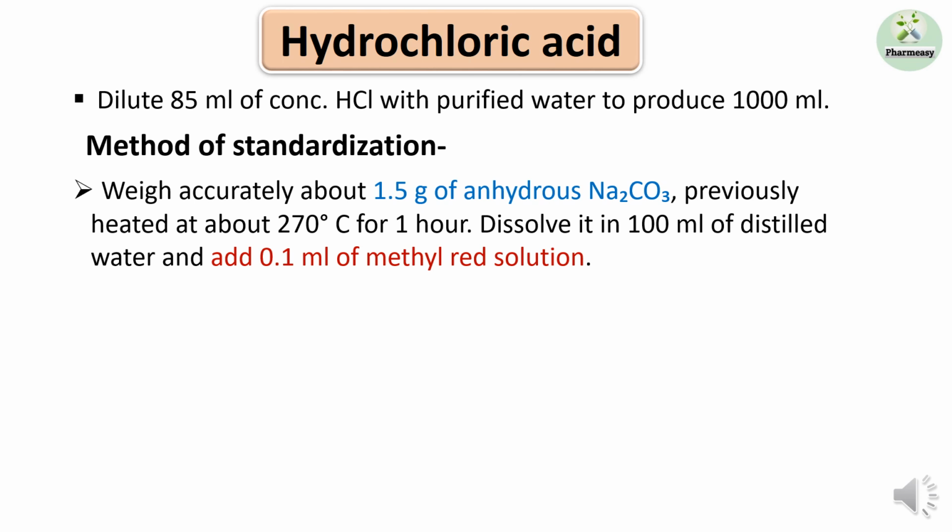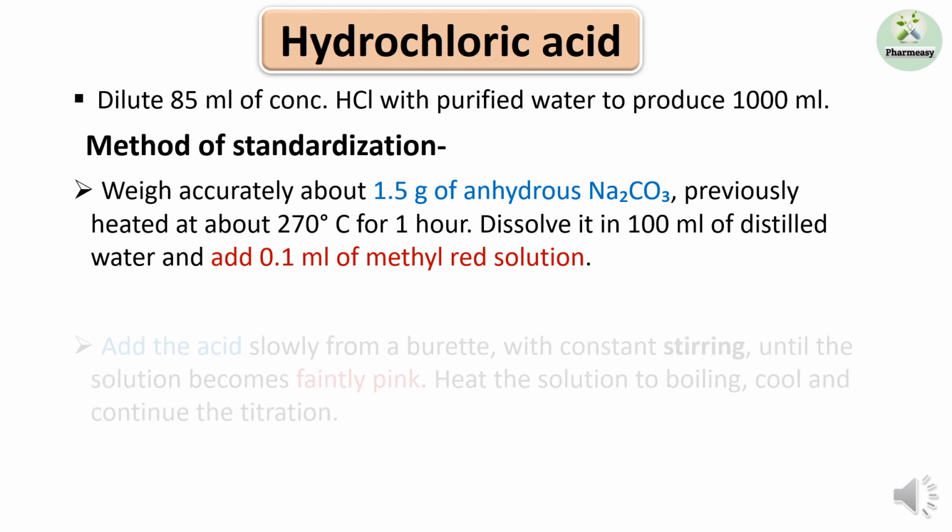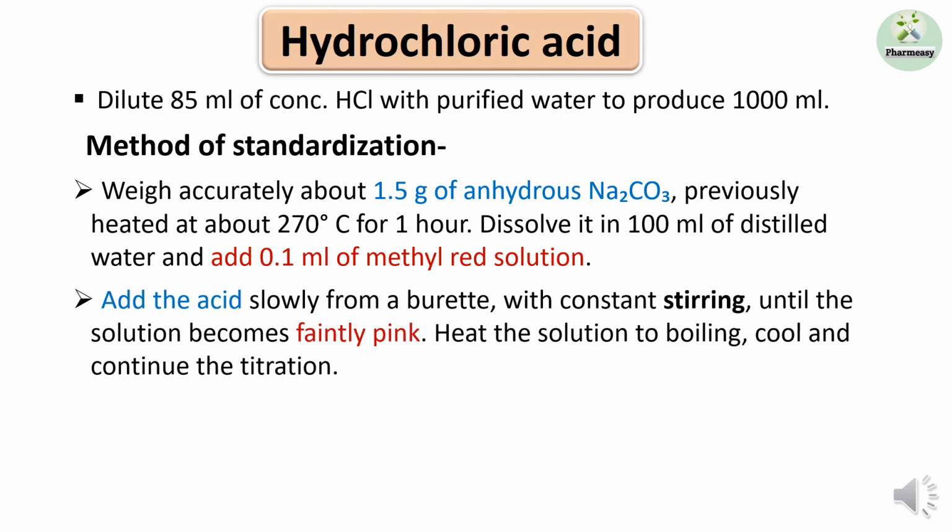Dissolve it in 100 milliliters of distilled water and add 0.1 milliliter of methyl red solution. Then, add the acid slowly from a burette along with constant stirring until the solution becomes faintly pink. Now heat the solution to boil, cool and then continue the titration.